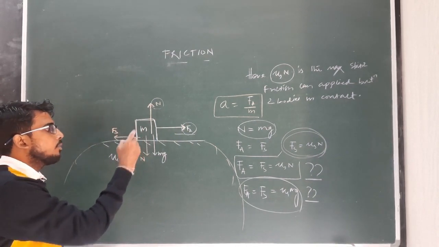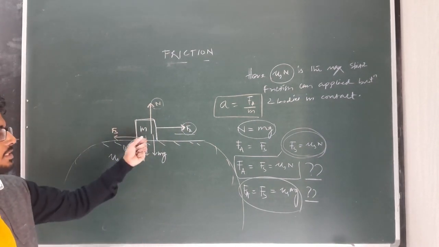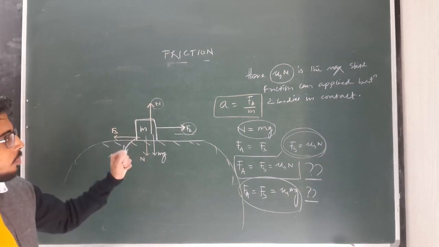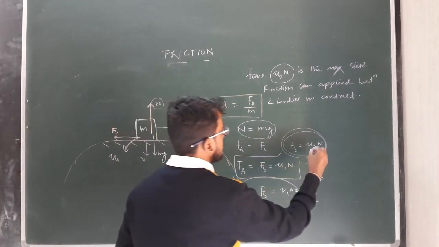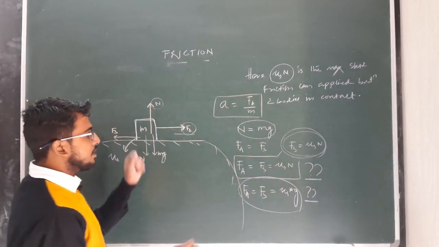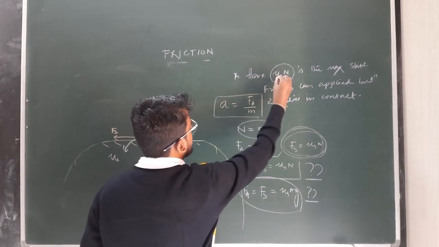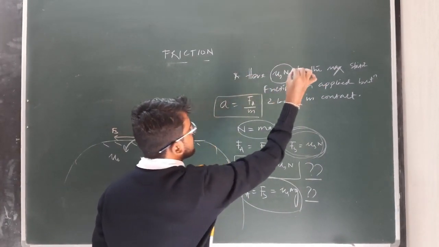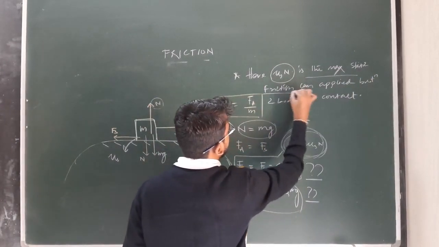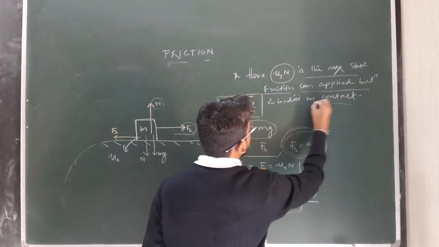that can be applied between both the blocks or bodies in contact, but not always is the value of frictional force, when it is in static case, this much. Okay, so you have to remember that here mu s into n is the maximum static friction that can be applied between two bodies in contact.